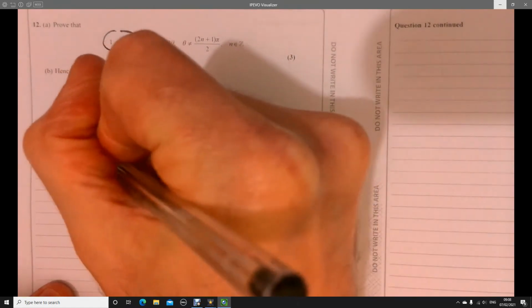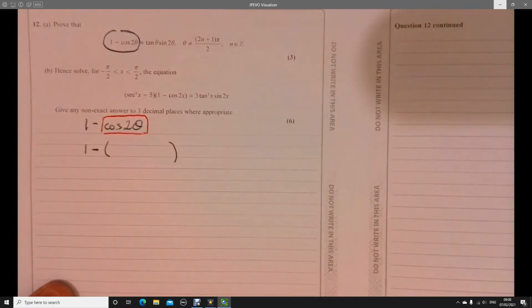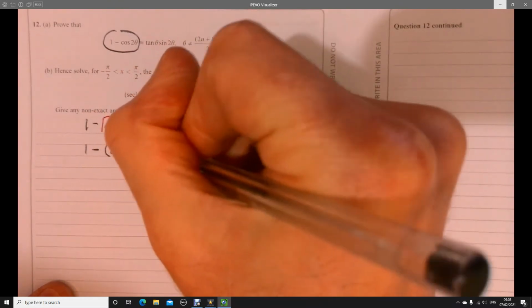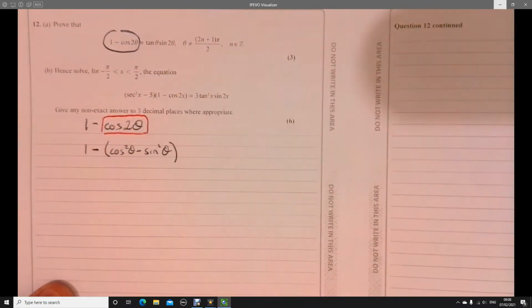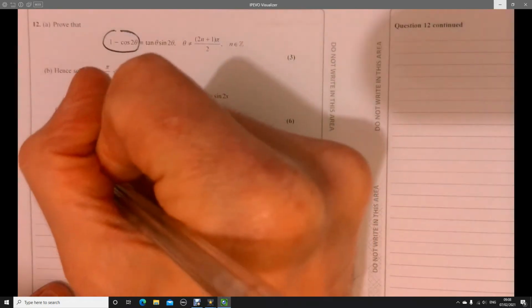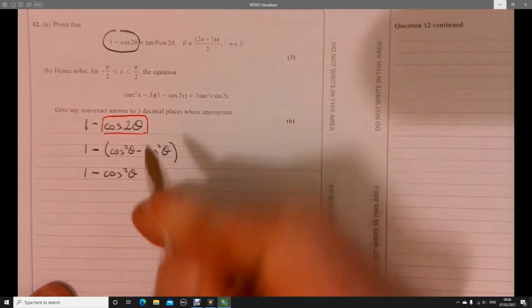So we have 1 minus, I know cos 2 theta is cos squared theta take away sine squared theta. So if we now write 1 minus cos squared, that's going to change to a plus.